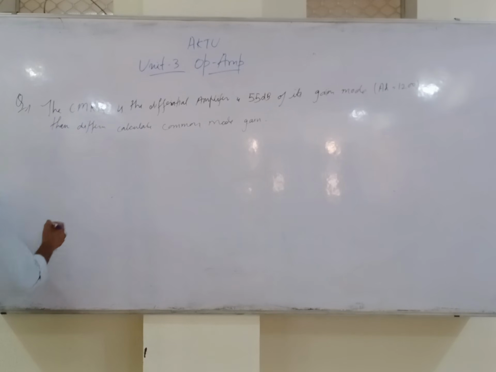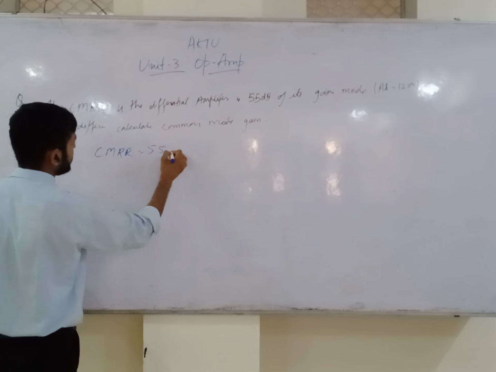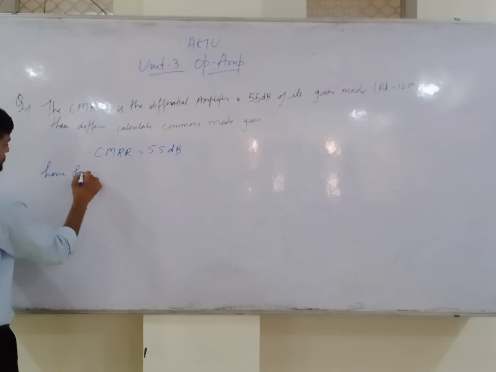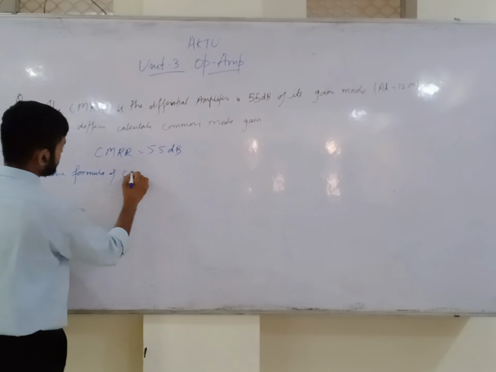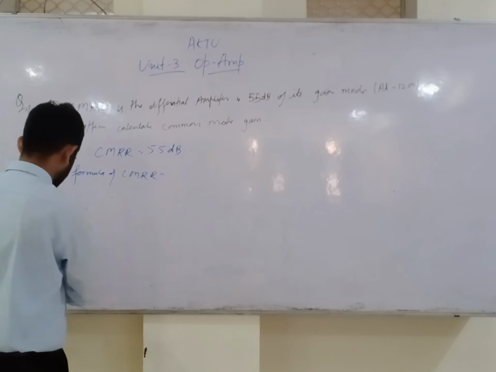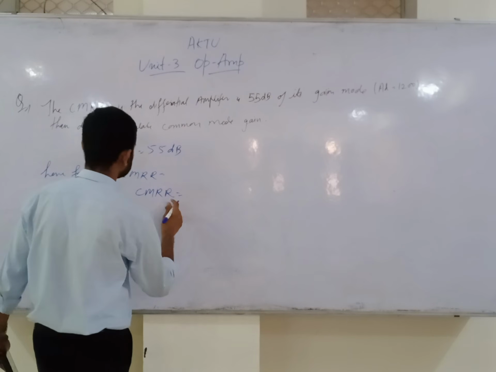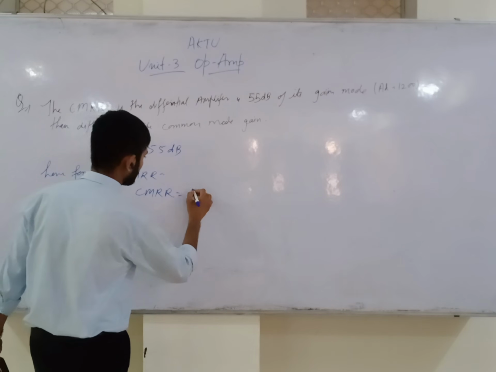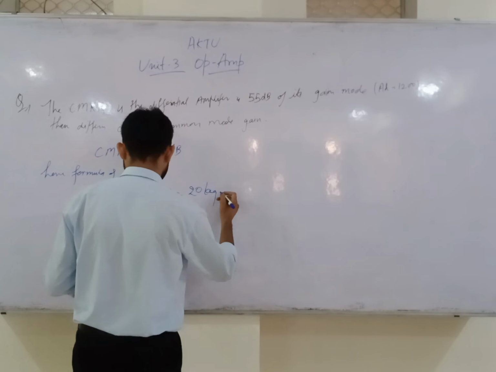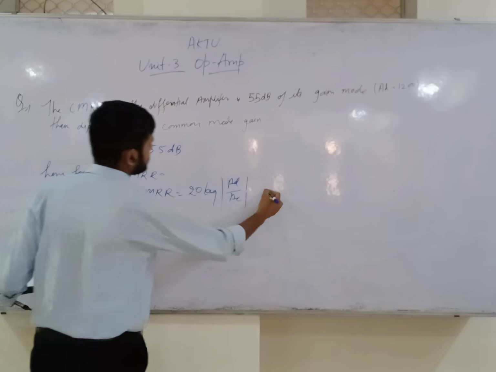So we can see that CMRR is given as 55 decibel, and the formula of CMRR is equal to 20 log AD upon AC in decibel.